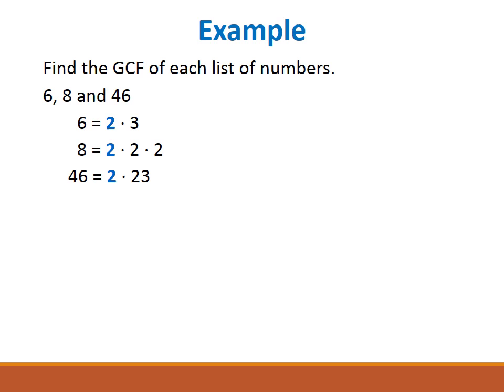And 46, of course, is 2 times 23. The obvious common factor is the 2. There's no other number that is common to all three of these, so the GCF is 2.